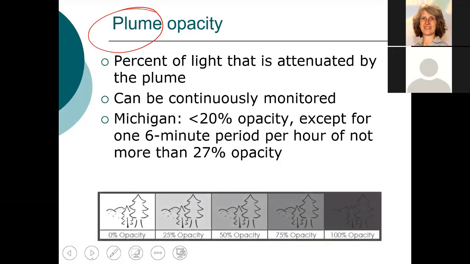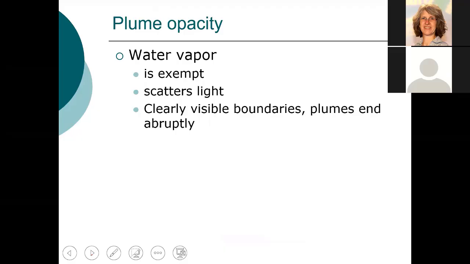And this image gives you a sense of what 0%, 25%, et cetera, opacity really means. So particulates are resulting in the amount of light that's attenuated. Water vapor can affect opacity, but it's exempt from these rules.